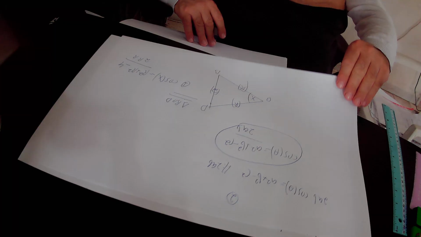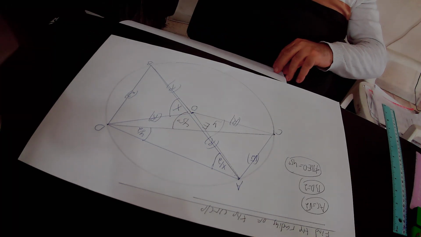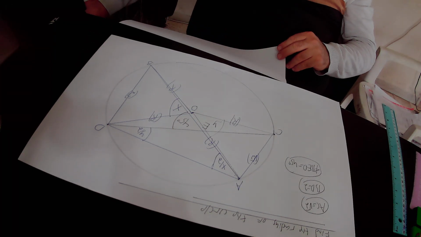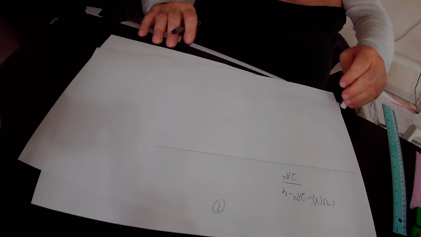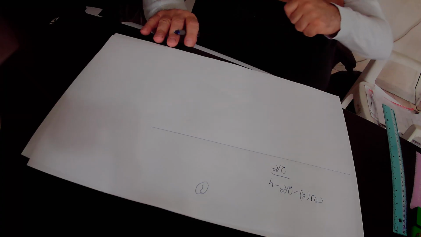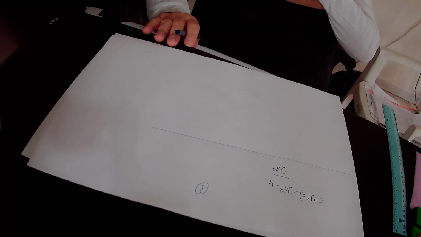So in conclusion, in the triangle BOD, cosine X equals 2R squared minus 4 over 2R squared.